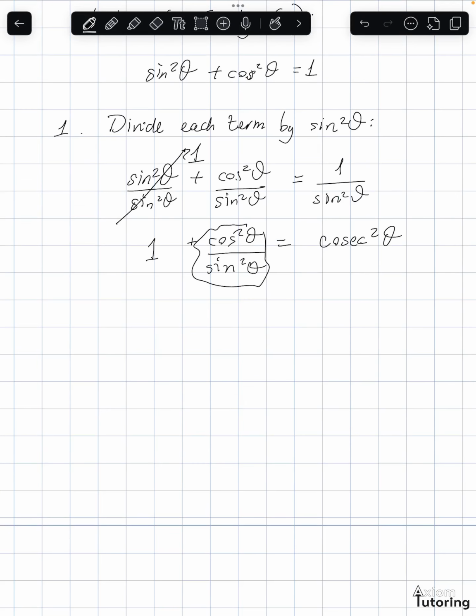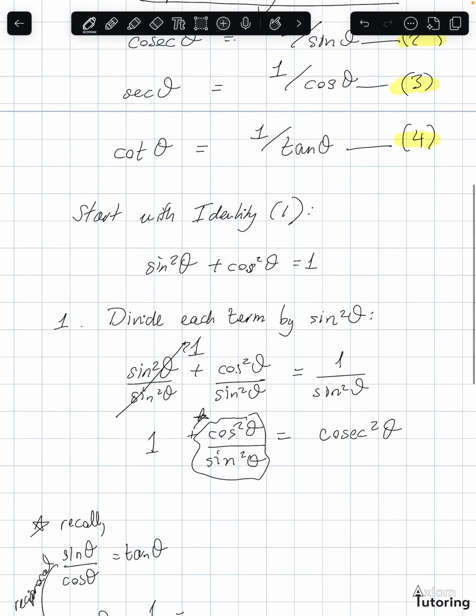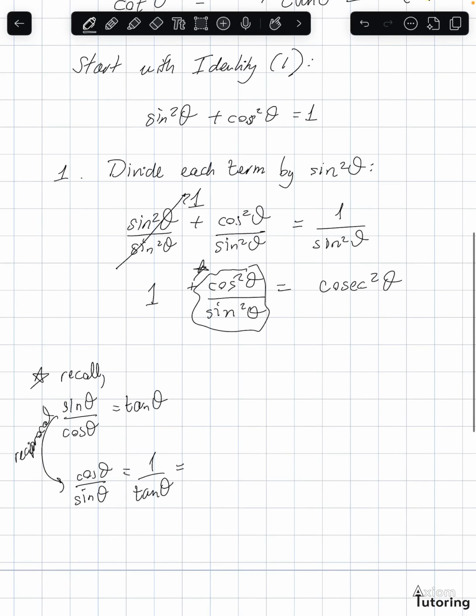Now this term here, we'll recall that sine theta over cos theta equals tan theta. Now cos theta over sine theta is just the reciprocal of sine theta over cos theta. So in fact we can write it as 1 over tan theta, the reciprocal of tan, but we've defined the reciprocal of tan in identity 4 here as being cot theta.